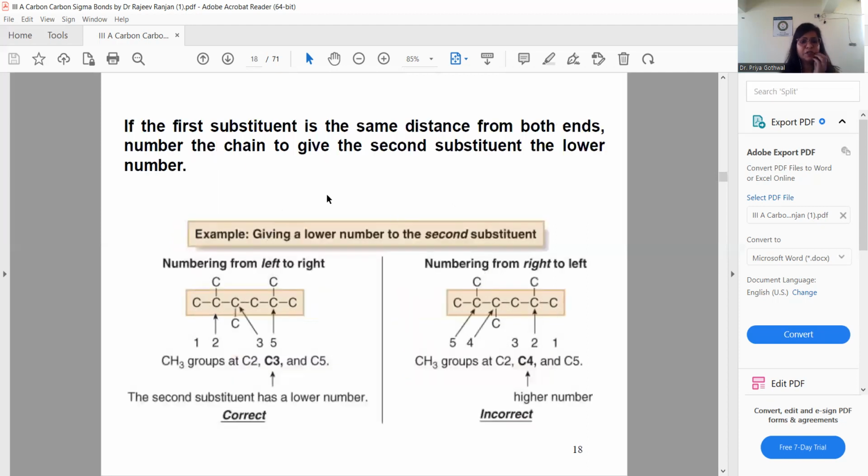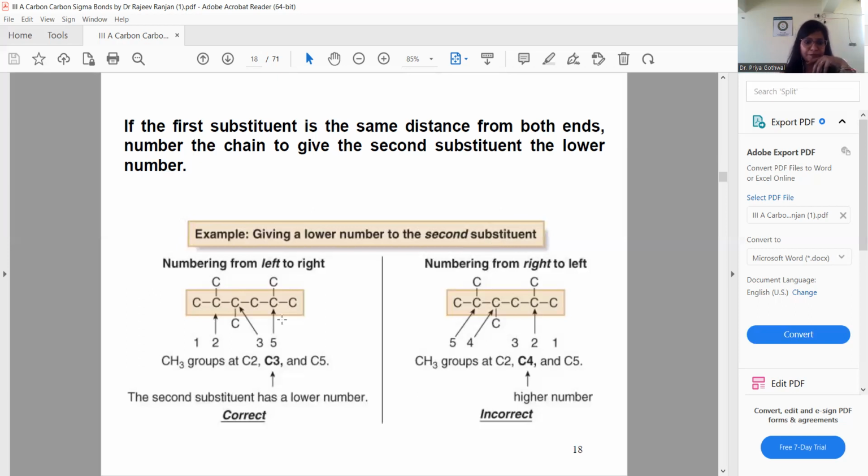If the first substituent is the same distance from both ends, number the chain to give the second substituent the lower number. So we have an example of giving a lower number to the second substituent. If two or more substituents are present in the longest carbon chain, the second substituent must have the lowest number along the chain.